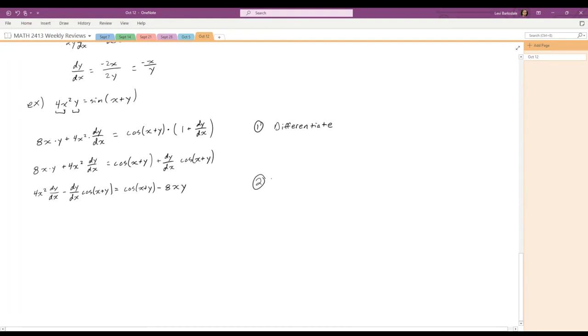All right, second step: put all dy dx terms on one side. And the reason I do this is because now that all of my dy dx terms are on one side, I can easily factor out dy dx.